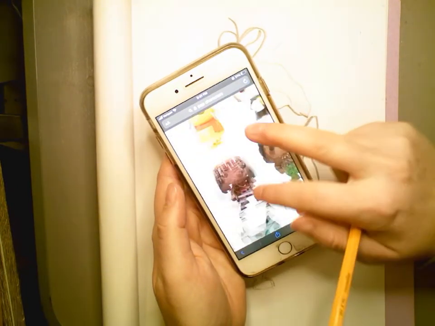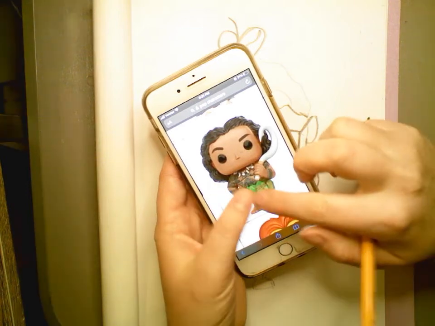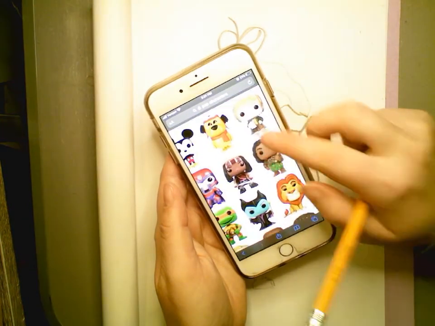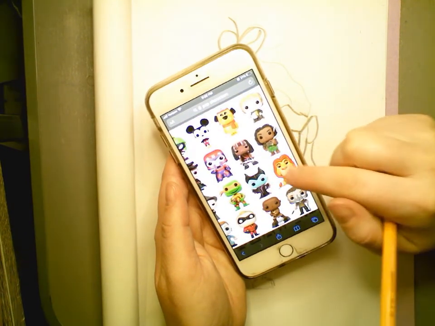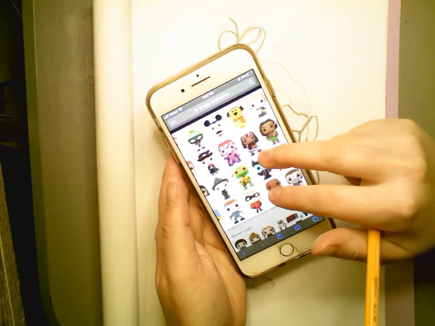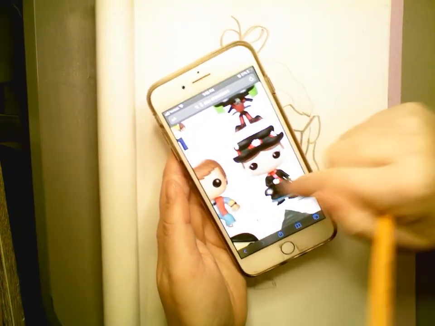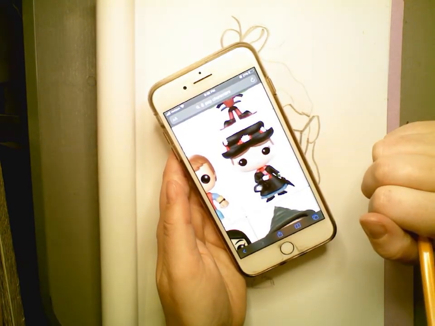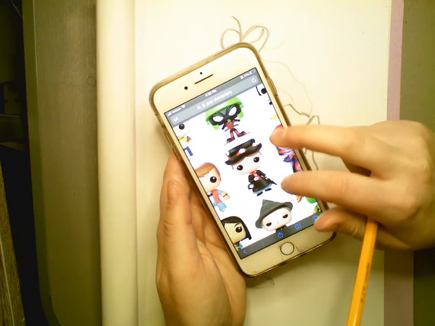Same with this. I know that this is from Moana because of the accessories, the clothing, the hair, all of these characteristics about these people or these characters help you to know who it is. It doesn't tell me who this is, but I know that it's Mary Poppins because of the hat, because of the umbrella, because of the dress and the coat, because of the purse.